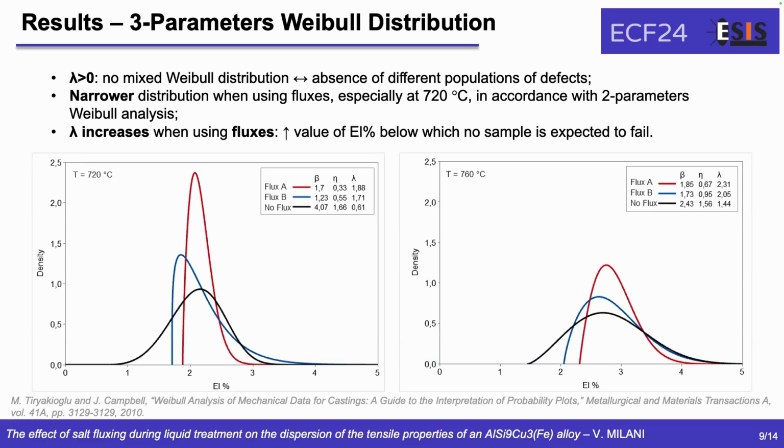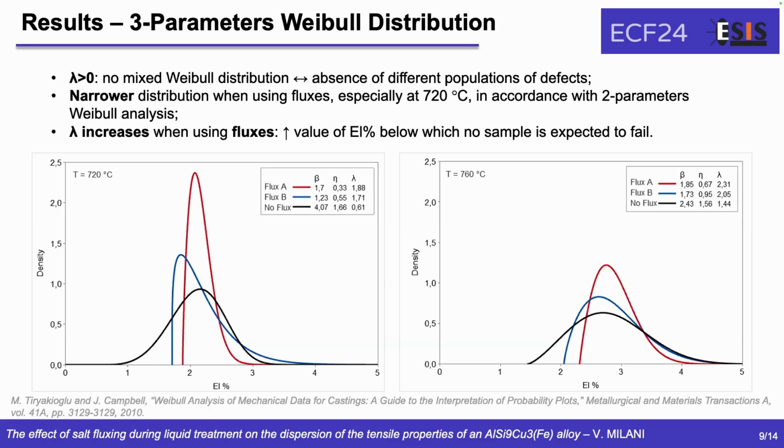The first one is that we obtain a positive threshold, which according to the literature implies that there are no mixed Weibull distributions. So this also implies that there is an absence of different populations of defects in the samples.